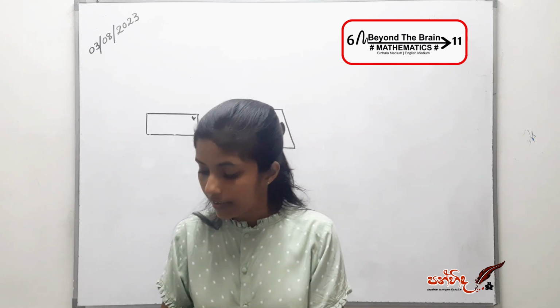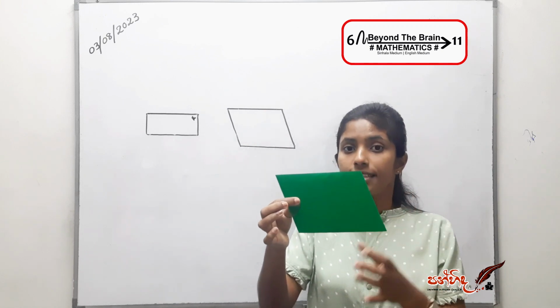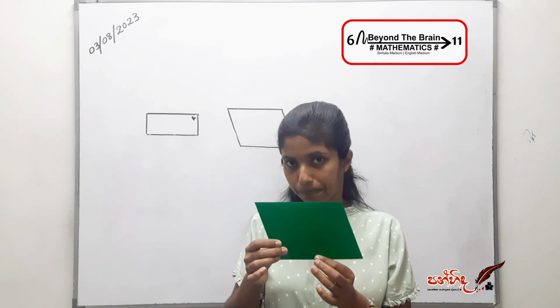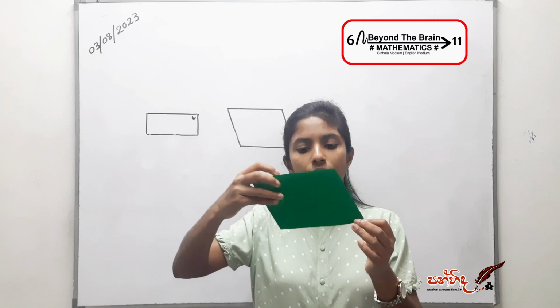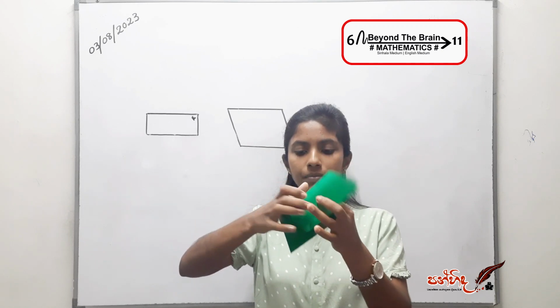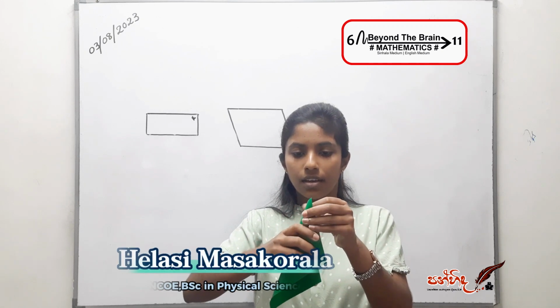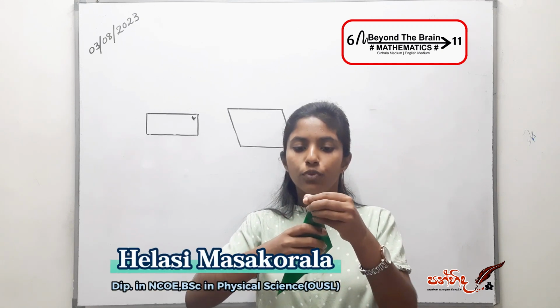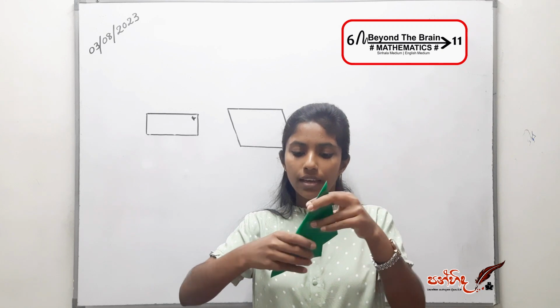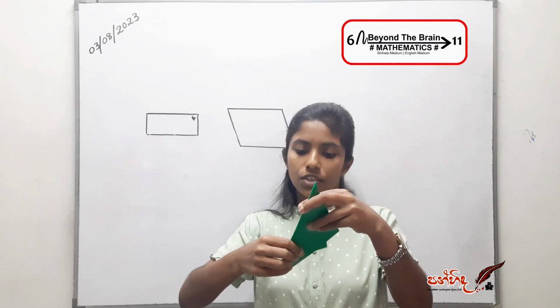Okay. Now, when I take this one, you can see that this is a parallelogram, right? So when I try to fold it, actually I will not be able to fold it in such a way that the two sides coincide with each other.